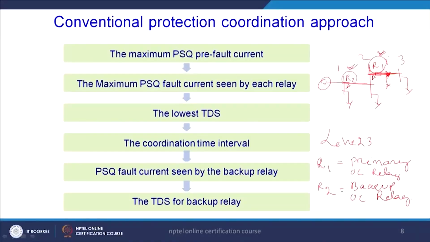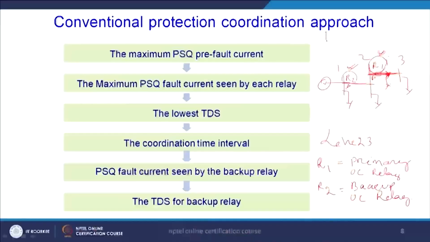That is the operational time for the backup relay, and that is why the time of operation T of R2 is equal to T of R1, the time of operation of relay R1, plus the circuit breaker operating time T circuit breaker, how much time is taken by the circuit breaker, plus X, some tolerance overshoot time. If I design a particular relay for a particular time of operation, it may not operate exactly due to different transients and issues.